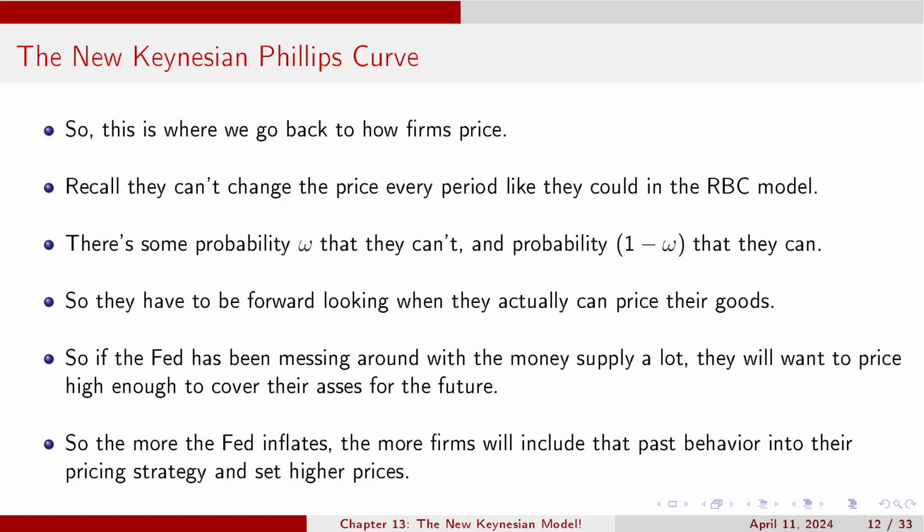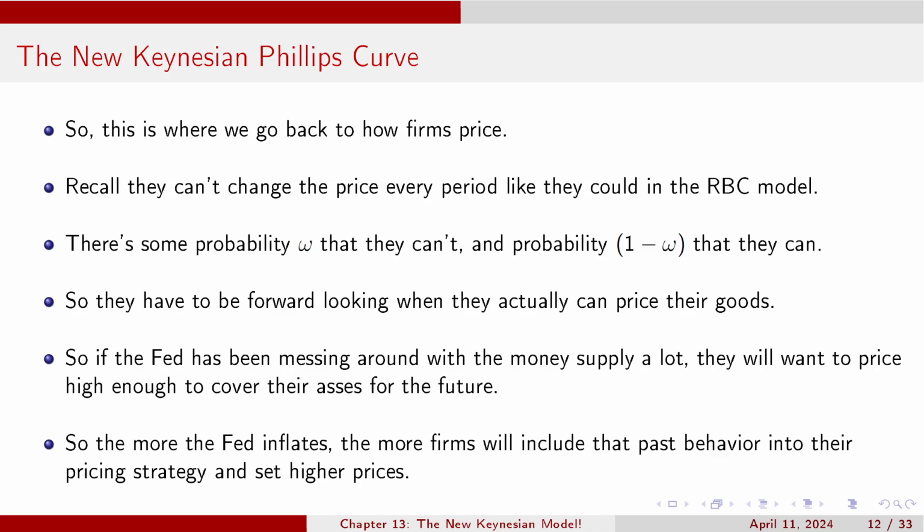So this is where we go back to how firms are going to be doing all their pricing. Remember, they can't change the price every period like they could in the real business cycle model, because there's some probability, omega, that they can't change their prices. Thus, 1 minus omega is the probability that they can change their prices. So they've got to be forward-looking when they actually are able to set their prices.